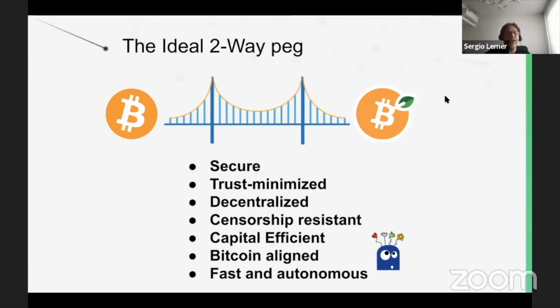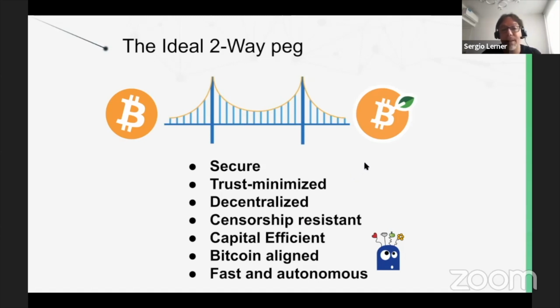And the problem here is that you cannot get all these properties at once, because the Bitcoin protocol does not allow you to validate consensus of foreign blockchains. So basically, we have to live with the level of extensibility that Bitcoin allows.